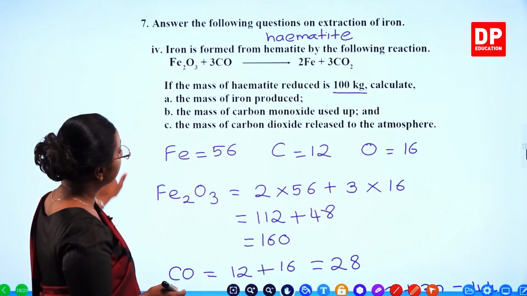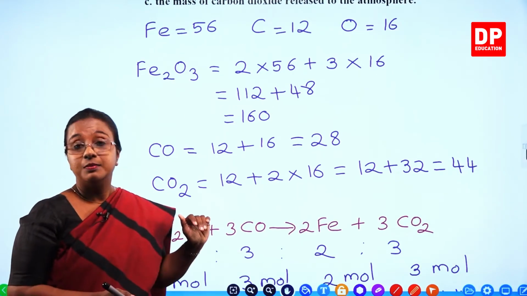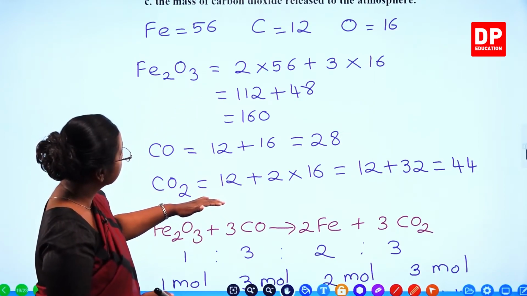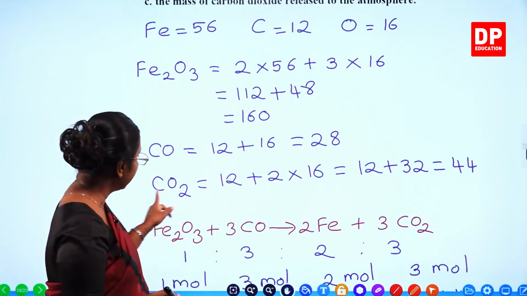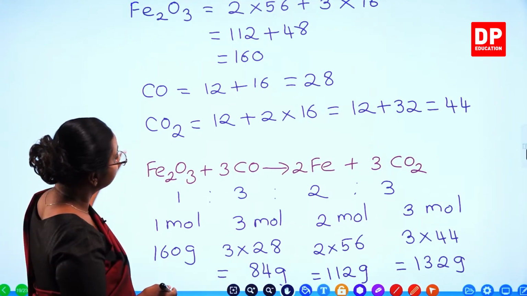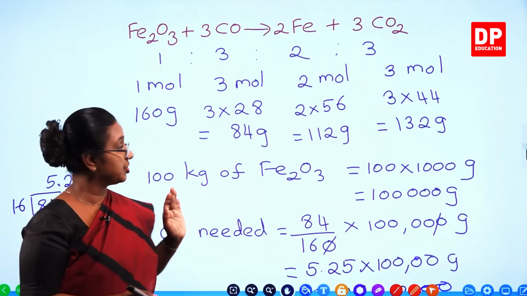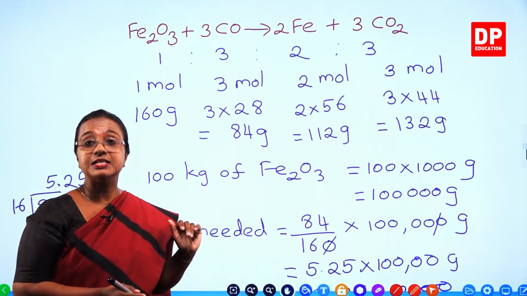So there we need to use the equation. First we need to calculate the molar masses or the relative molecular masses that I have done here. Fe2O3 160, carbon monoxide 28 and carbon dioxide 44. Thereafter, we calculated the ratio using the equation, and then using that you need to calculate each substance.